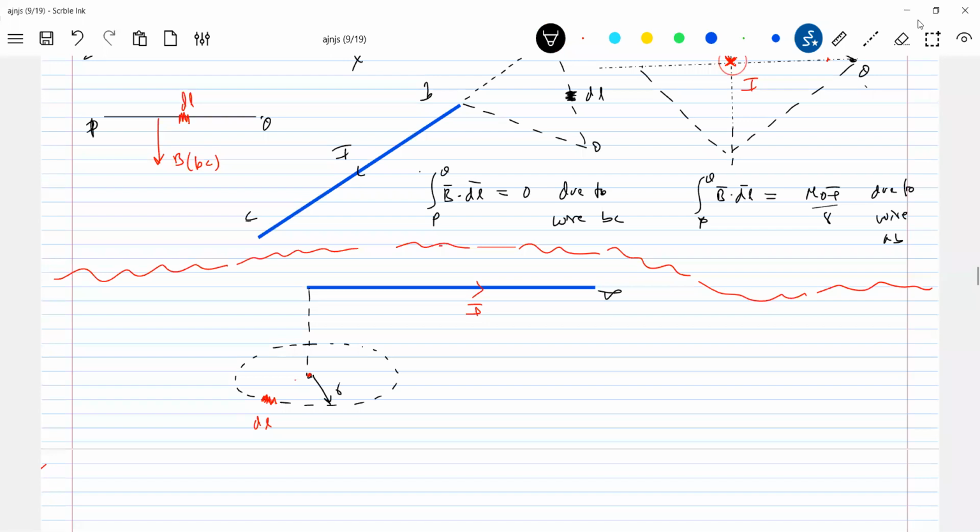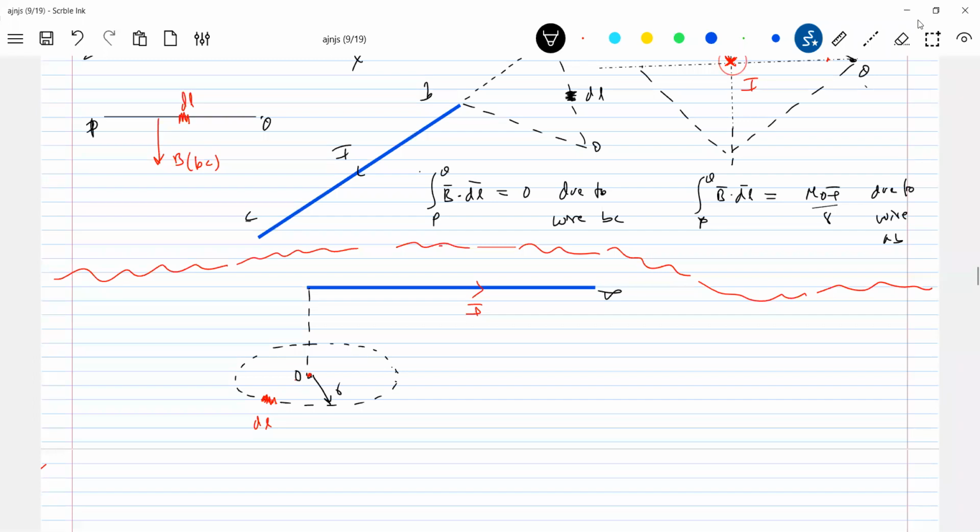Look at the value of B bar at this point, I think we know it, no? How much is it? Mu naught I by 4 pi r. What about the field here? Field at several points, will it be 0 or non-zero? And at one particular point it will go to infinity, no?